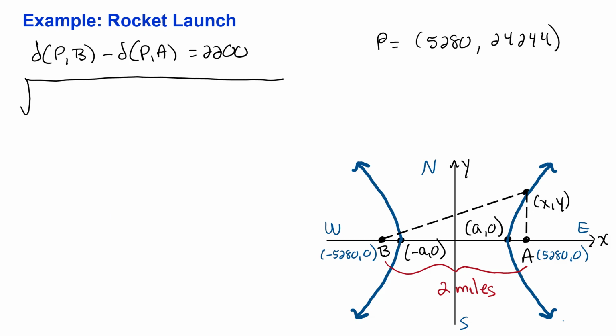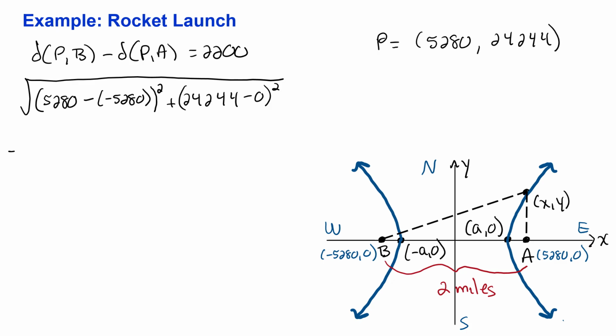Under the square root, we're going to have the square of the difference in the x-coordinates plus the square of the difference in the y-coordinates. So the difference in the x-coordinates is 5,280 minus negative 5,280, all squared. Then we add to that the square of the difference of the y values, which is 24,244 minus 0, all squared.